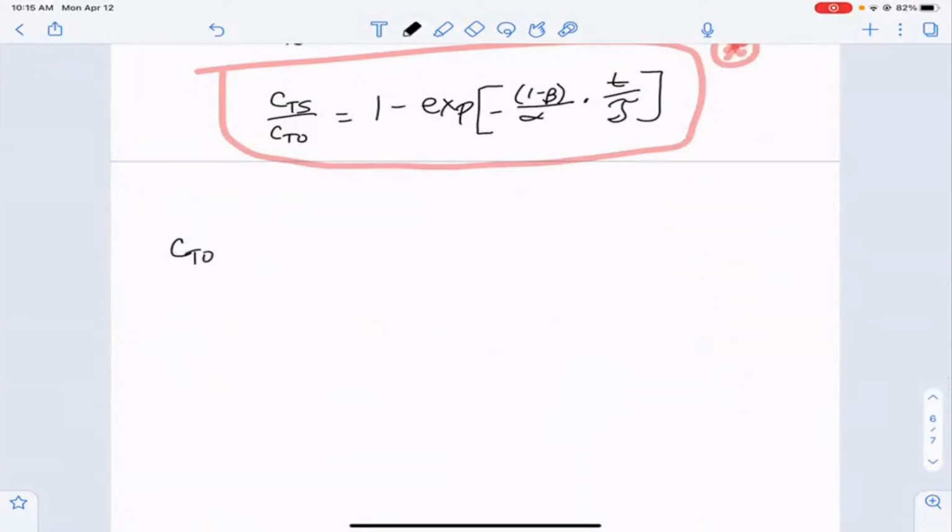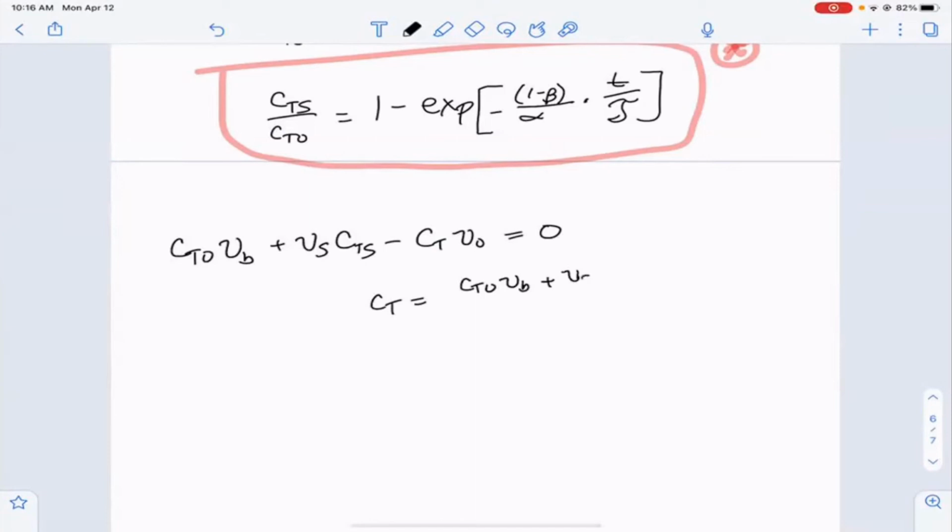So we have C_T0 times the bypass volumetric flow rate, plus the volumetric flow rate from the active part of the reactor times C_TS, minus the concentration of the tracer that we're measuring times the total volumetric flow rate, and that's equal to 0. And we can solve for C_T, which is just equal to C_T0 V_B plus V_S times C_TS over V_0.